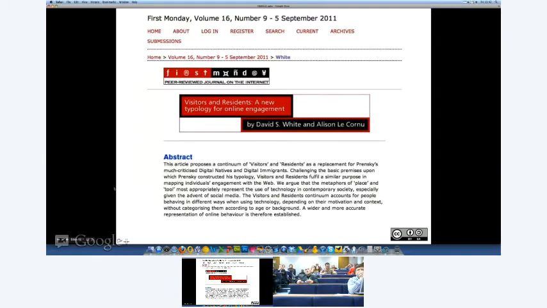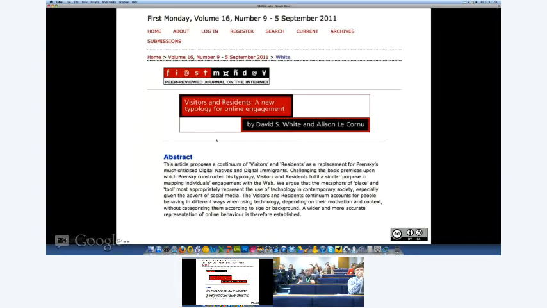Now, in terms of framing students' attitudes towards Google+, what we've been doing over the last year is based on the work that Dave White published originally a couple of years ago and formally as a paper last year, and it's this model of visitors and residents.